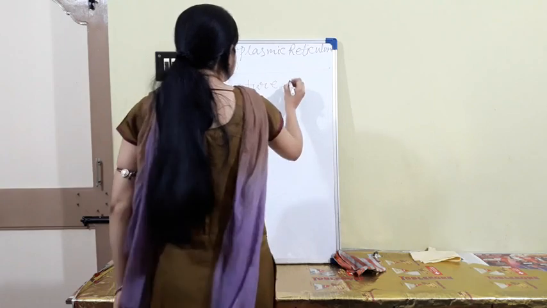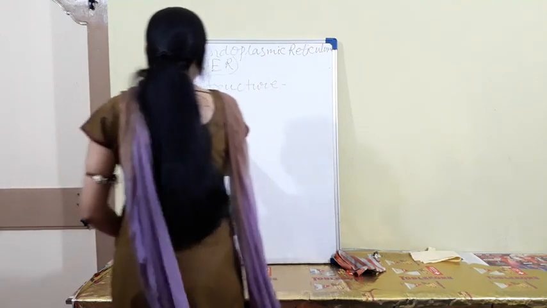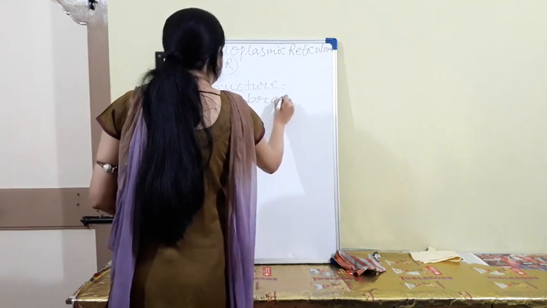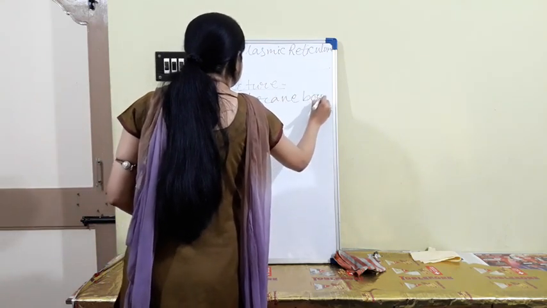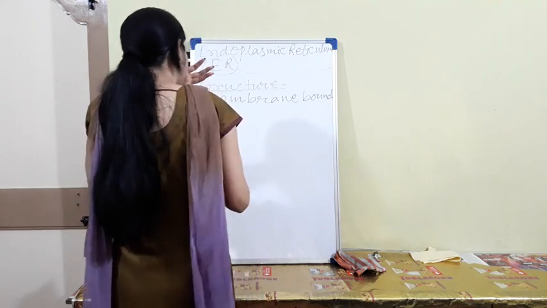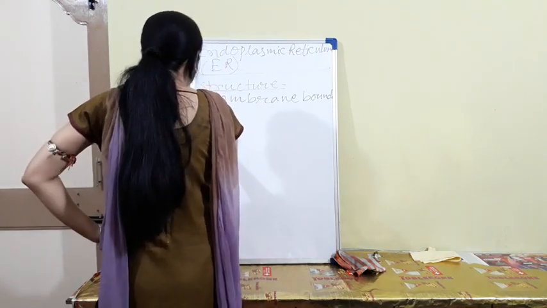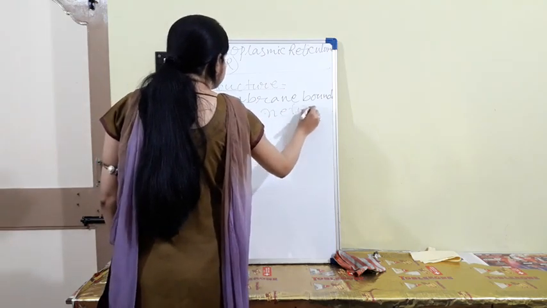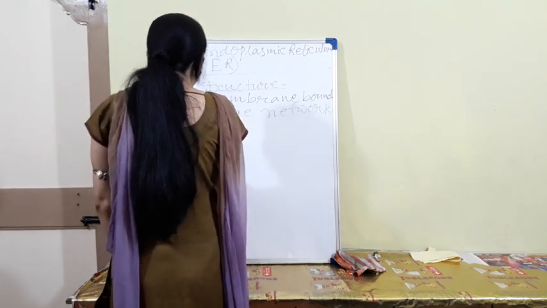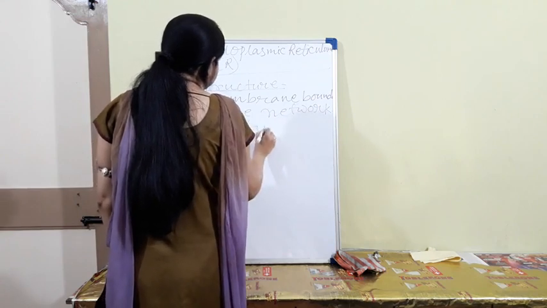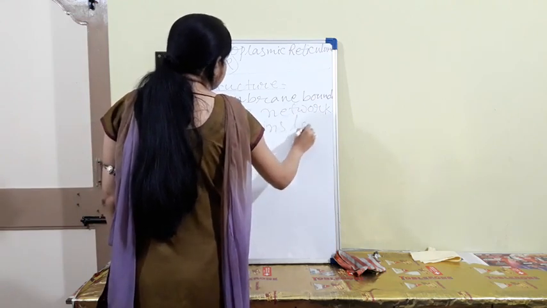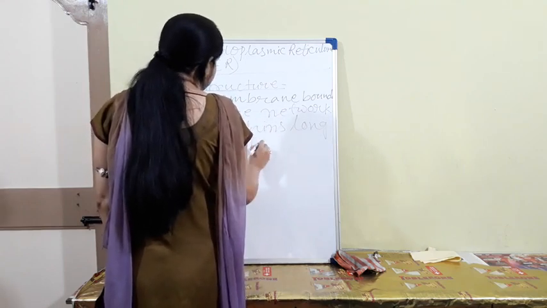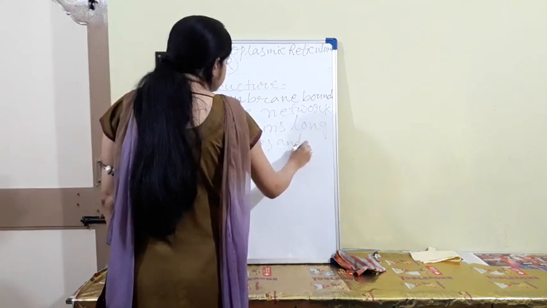So the structure: membrane bound, a large network containing long tubules and sacs.